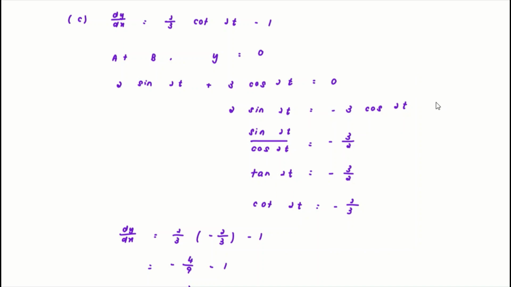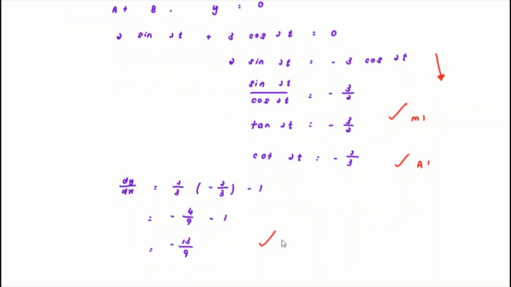Then make sure you continue everything at least until the tangent side, and you'll get your M1. If you continue and get your t, you get your A1, then you substitute into dy dx and get your last answer. So this is your last A1, so that's 3 marks.